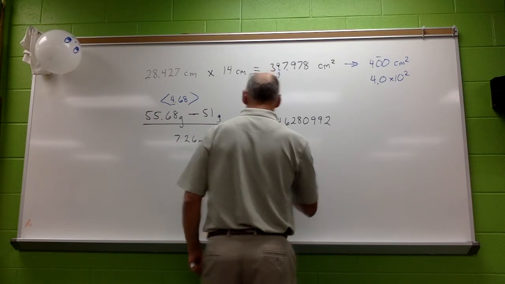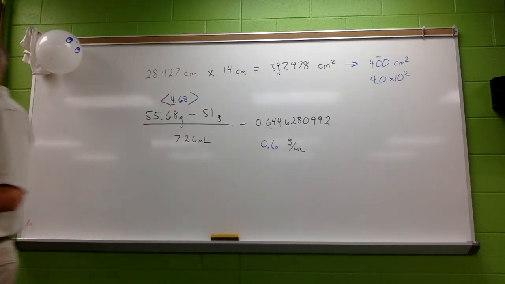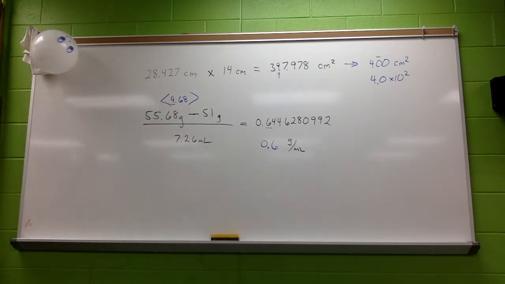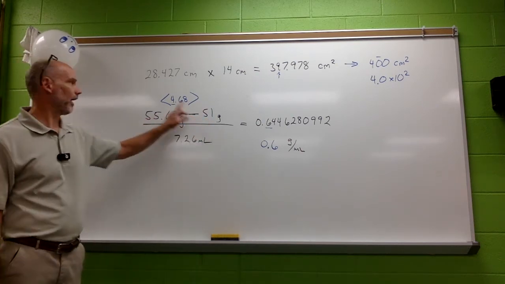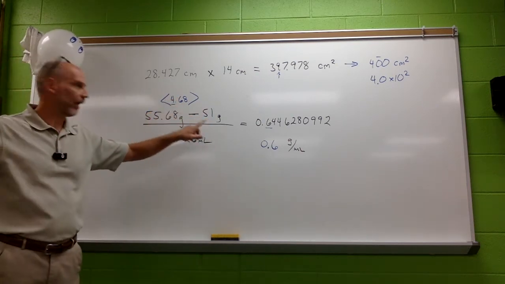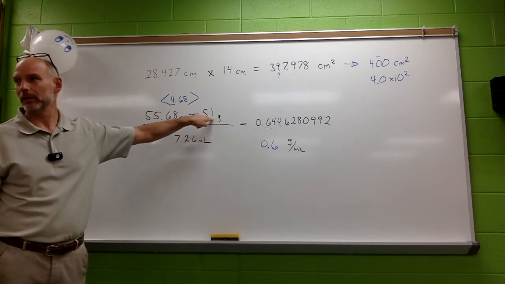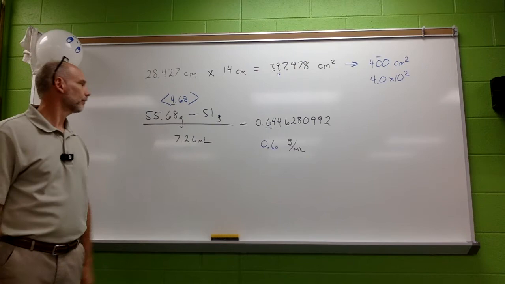Grams per milliliter. And Jake, what's your question? Is it only valid to the ones place because of the 51? Well, no. It's to the ones place because when you subtract these two things, it's only valid to this. Now, that's a result of this only being to the ones place. Is that kind of what you meant? All right. Yes.